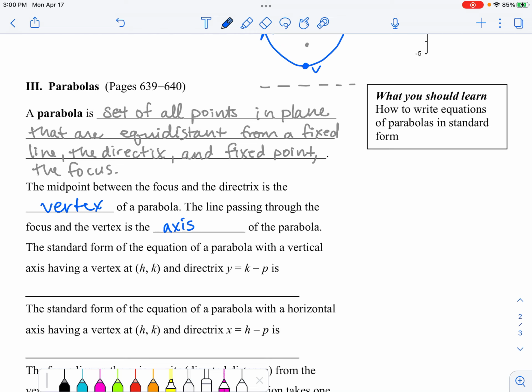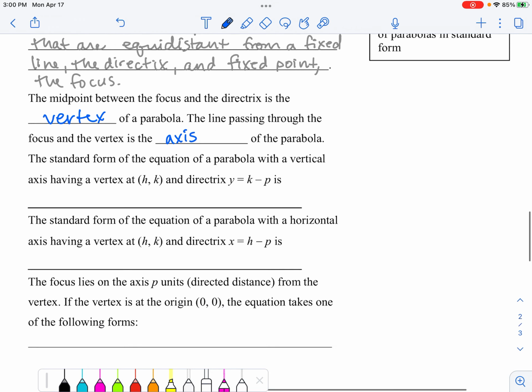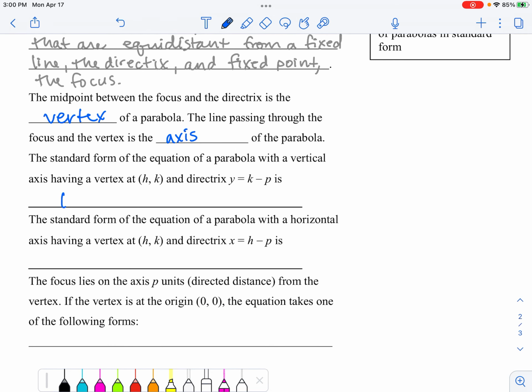And then the standard form of the equation of the parabola we say is x minus h squared, so very similar to the circle, times 4p, we'll talk about what p is in just a second, times y minus k, as long as p isn't 0.